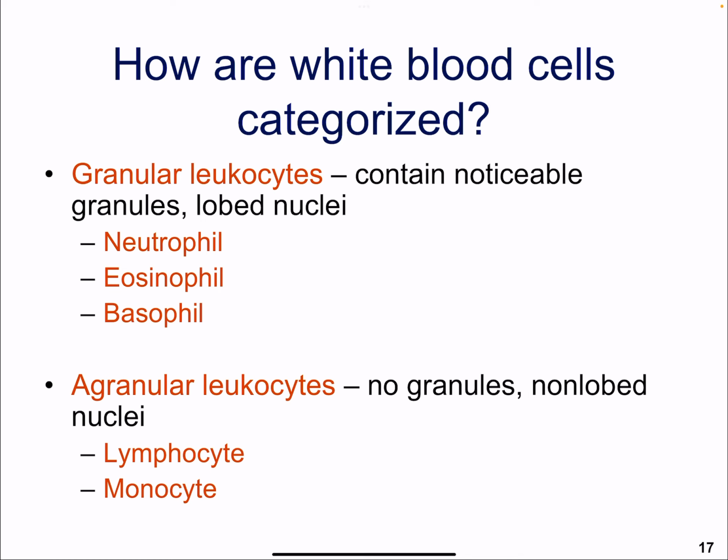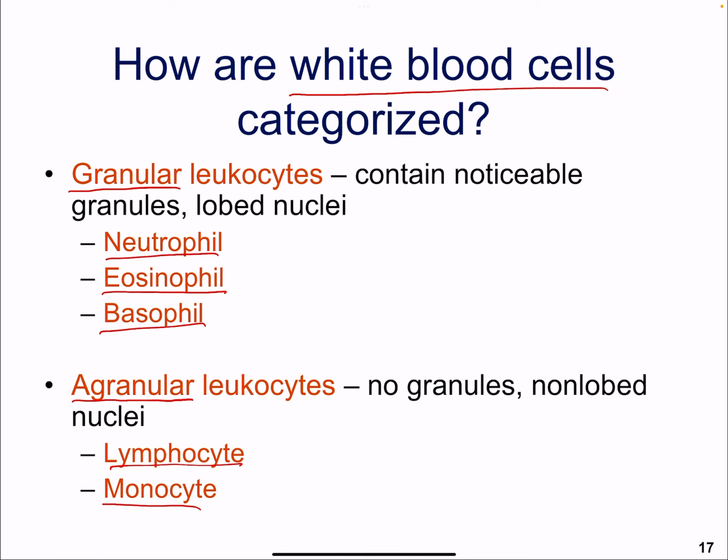All right, so among the white blood cells, we are going to have the granular white blood cells: neutrophils, eosinophils, basophils, and then the agranular leukocytes: lymphocytes and monocytes.